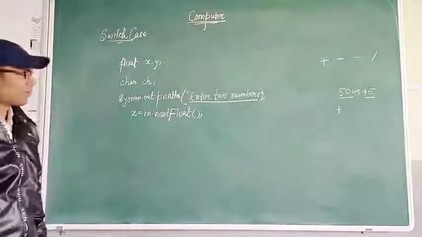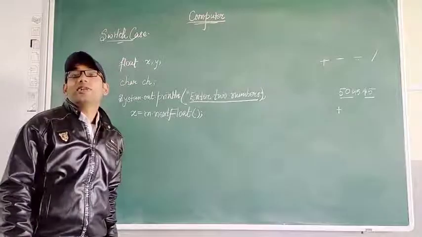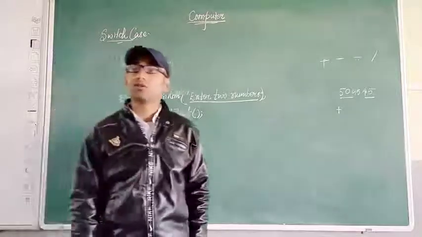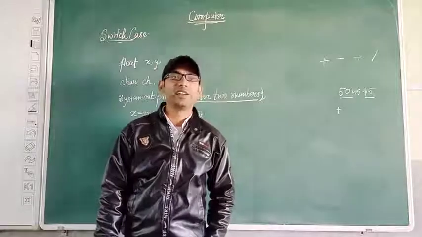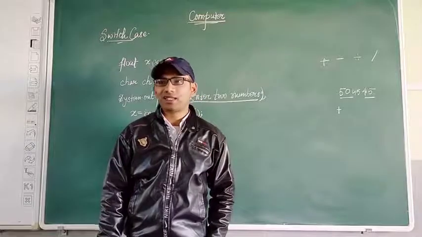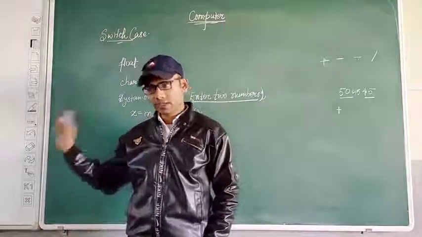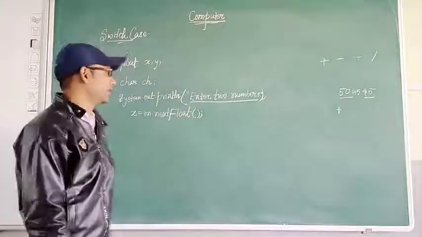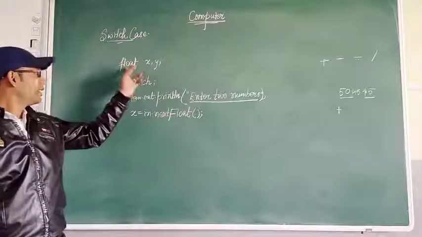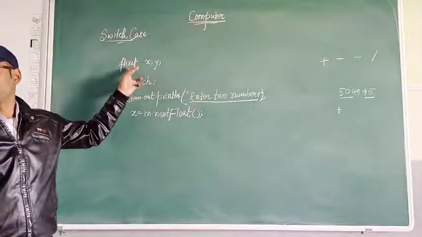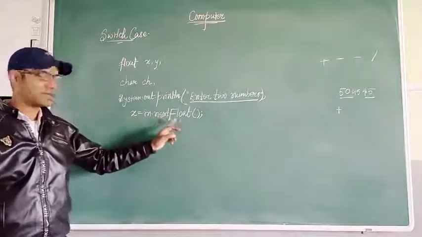Okay, we used to write in.nextInt, right? Why? Because those were for integer values. When the user feeds integer values, at that particular time in.nextInt is supposed to be taken. But right now we have taken the data type as float. Is that clear? That is why in.nextFloat.